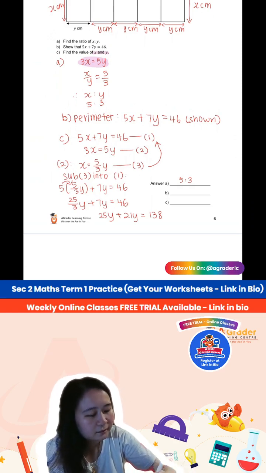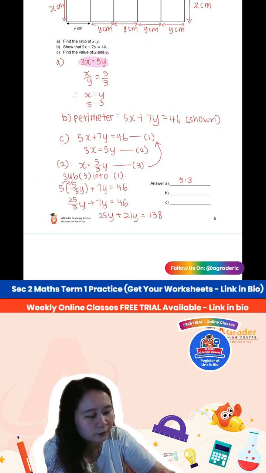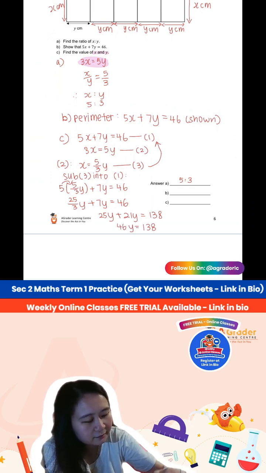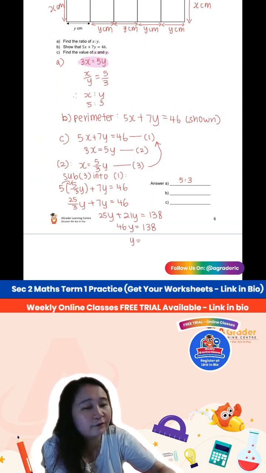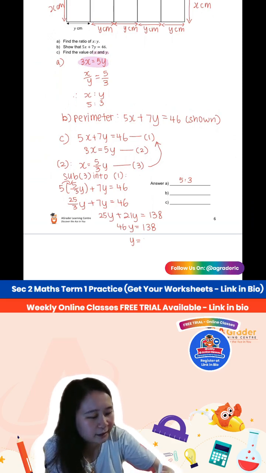Okay, then we simplify the y, like terms, we can add them up together. So 25y plus 21y, we get 46y equals 138. Then to find y, we divide by 46 on both sides. So y equals 3.